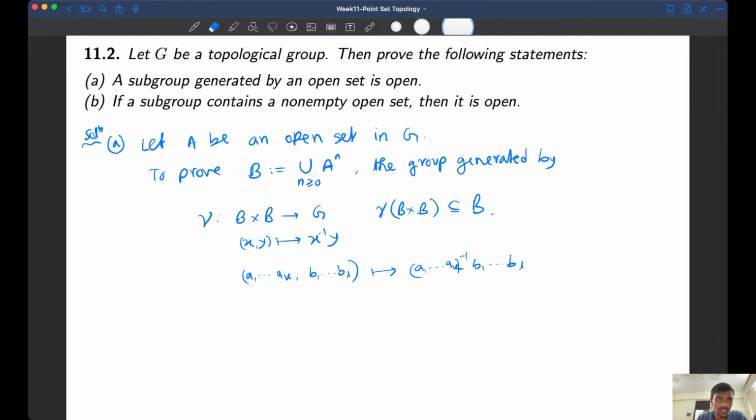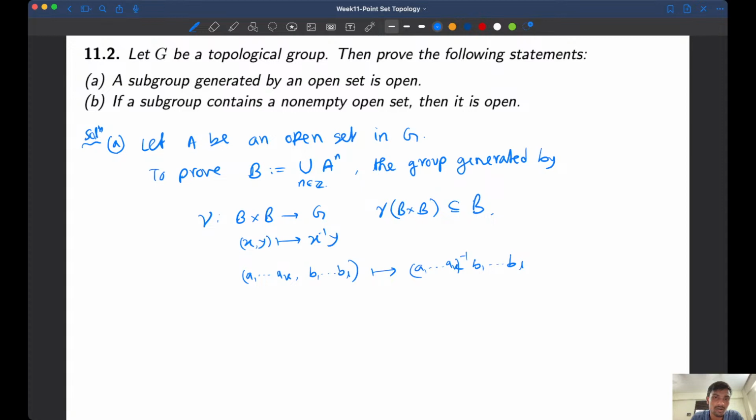So instead of n greater equal to 0, you basically fix n belongs to Z. So you take A inverse and the respective powers of A inverse. A inverse consists of all inverse elements of those things, and then you consider this set. So this is actually the group generated by A.